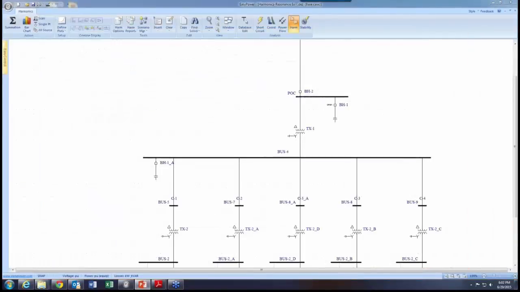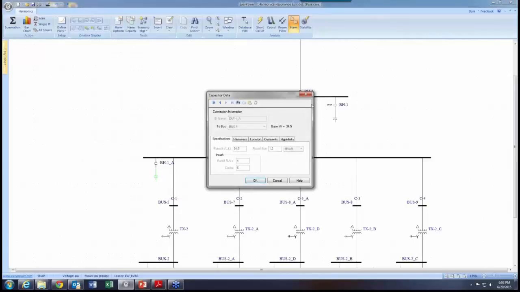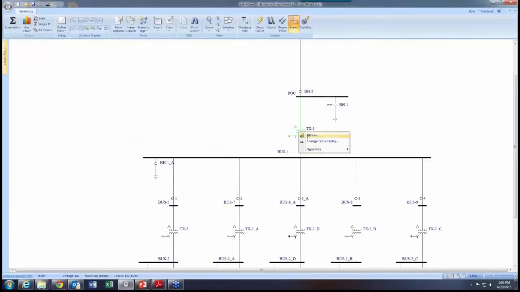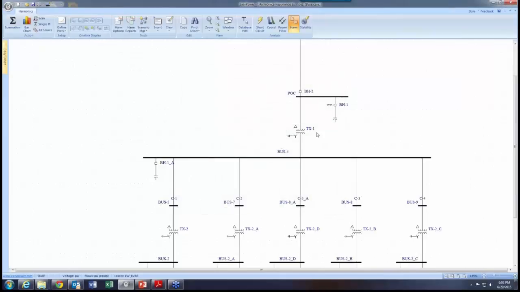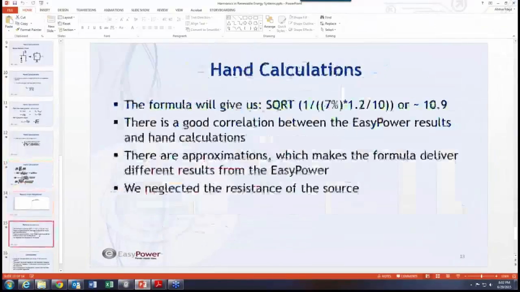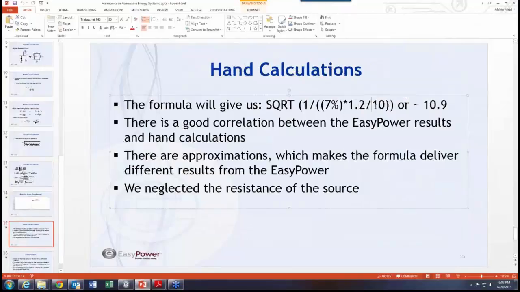Okay, let's take a look. Okay, this guy is 1.2 and this guy is 10. Okay, now I go back to the formula again and let's take a look. 7%, size of the cap bank and size of the transformer. You do the calculation, you're going to get 10.9. There is a good correlation between the EasyPower results and hand calculation.